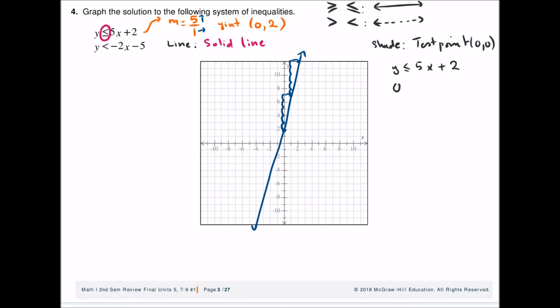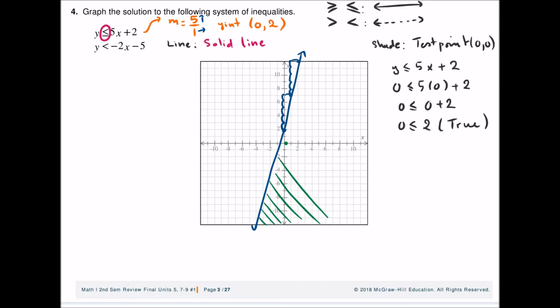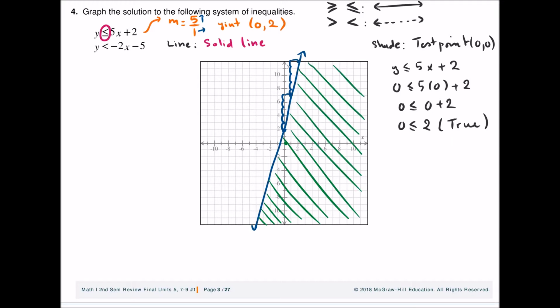So we plug in 0 for y and 0 for x. 0 less than or equal to 0 plus 2, 0 less than or equal to 2, which is a true statement. 0, 0 is on the right side of the blue graph, and it gives you a true statement. We shade the area that has that point. So we shade everything on the right. If it was a false statement, you would shade the other side.